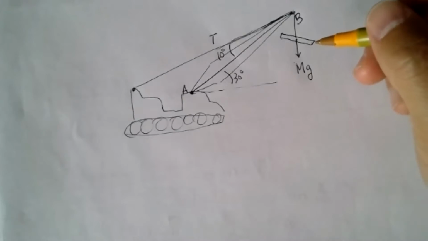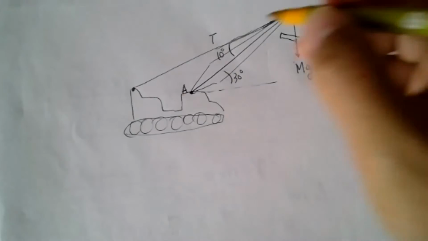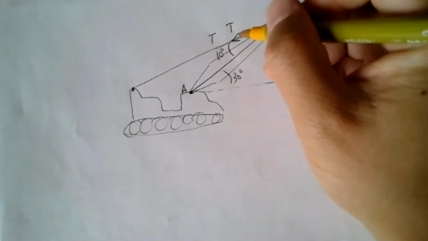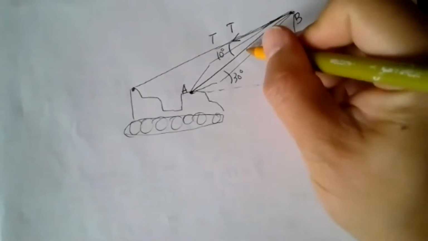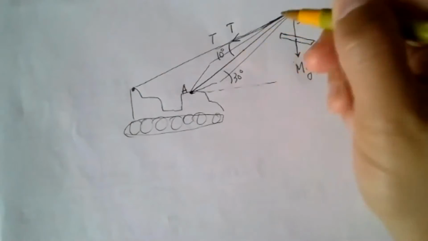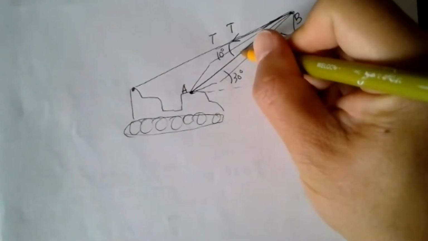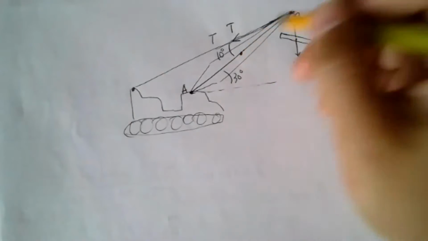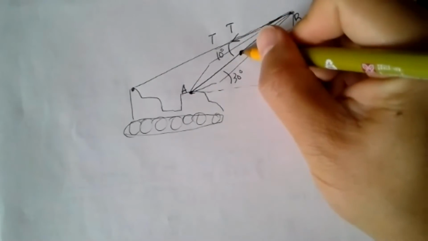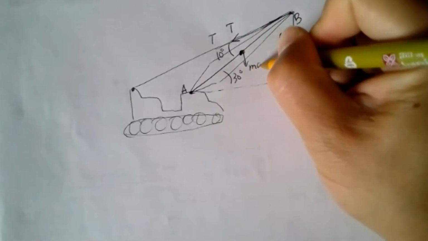So that's the tension over here, T. The bone itself will have a small mass, so small m. I'm going to use small m. It's at the geometric center, so somewhere in the middle here, small mg.